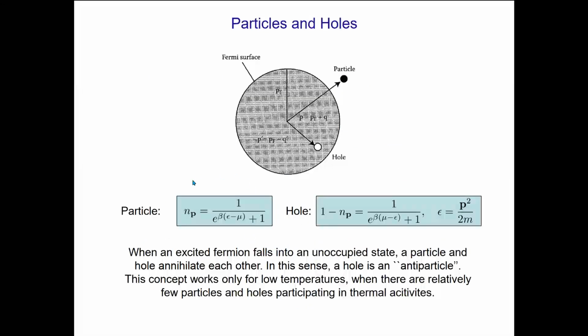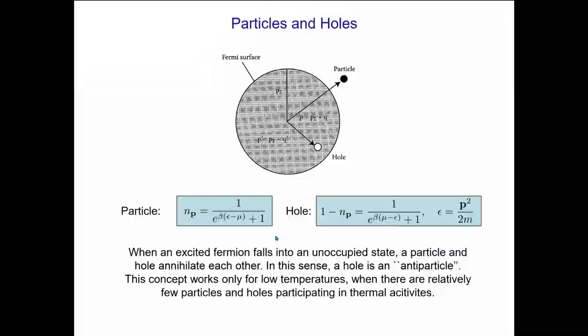We know that the particle occupation number is given by this formula. If we calculate 1 minus n_p, which is the occupation number for a hole, then you get the following expression with mu and energy interchanged.